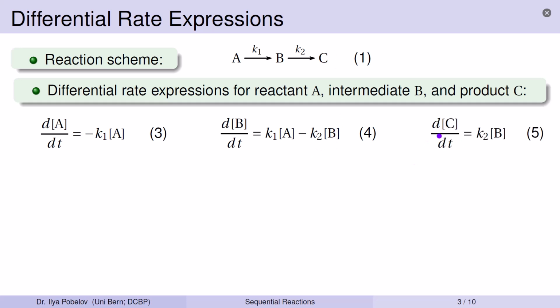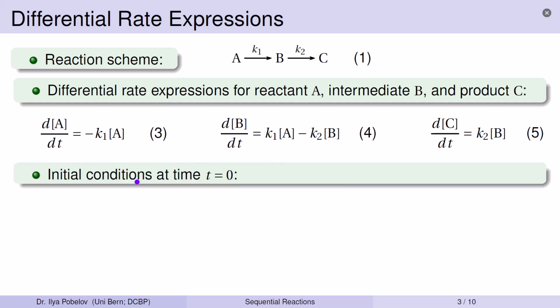Finally, the formation rate of product C is described as d[C]/dt equals K2 times [B]. This is consistent with the first order reaction of B into C. Let us now establish the initial conditions at time t equals 0.